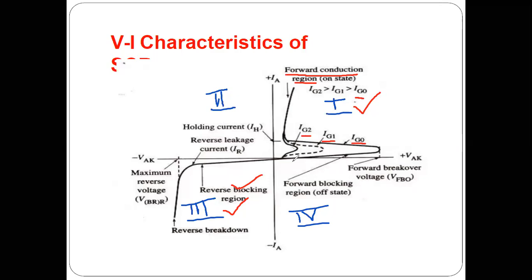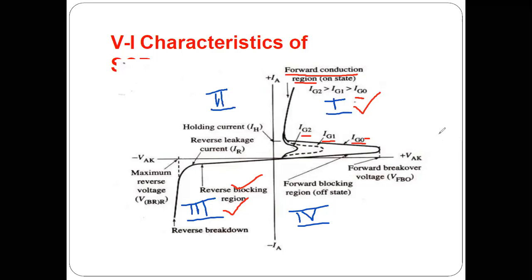That is why it is shown here that when the gate current is IG0, the amount of current passing through the SCR is very small, and there is a sharp, constant voltage moving towards the saturation point. Though I have applied a forward voltage to my SCR, it is still not turned on properly. Why? Because my current flowing through the gate is very small.